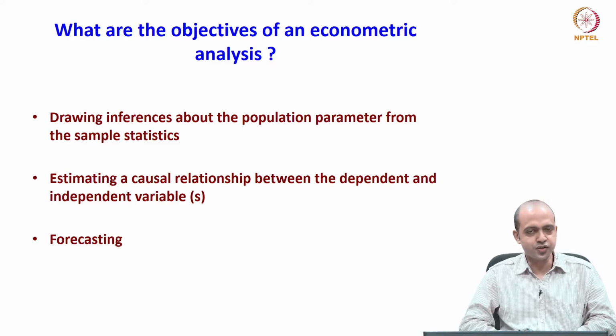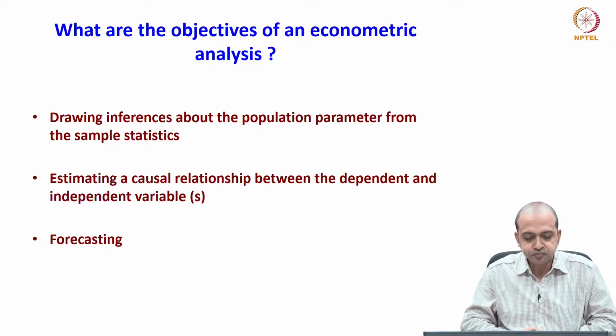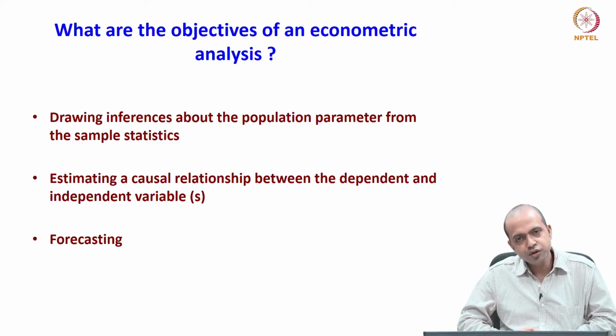In this model, this is a very simplistic model, we have included only one variable. So, that is why it is called a simple two variable model. And then what we are trying to establish is a causal relationship between income and consumption. Now, we have to keep one thing in mind.